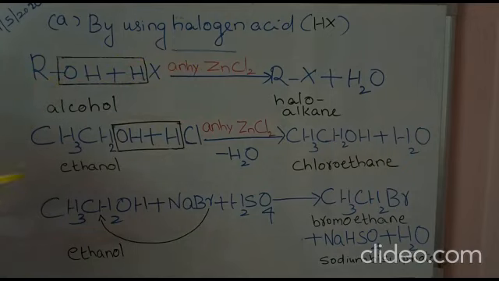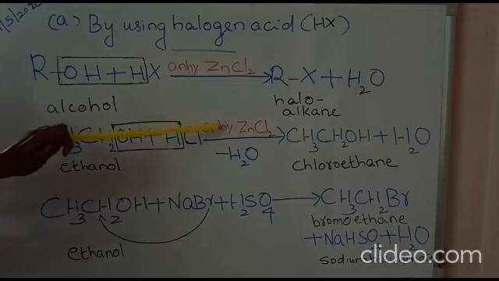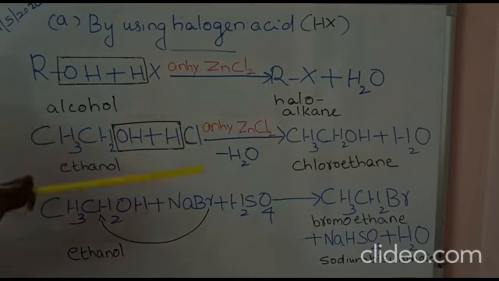For example, ethanol on heating with a solution of HCl in presence of anhydrous ZnCl2, you will get chloroethane by eliminating a water molecule. You can also use HCl gas here, that means hydrogen chloride gas.